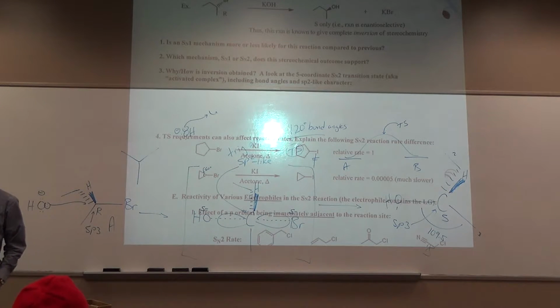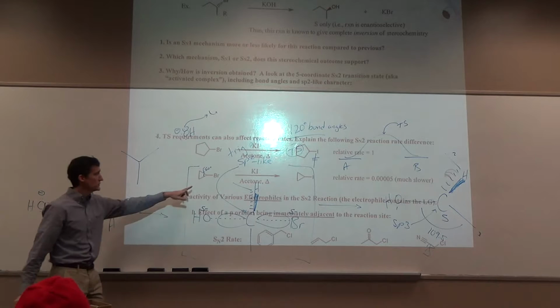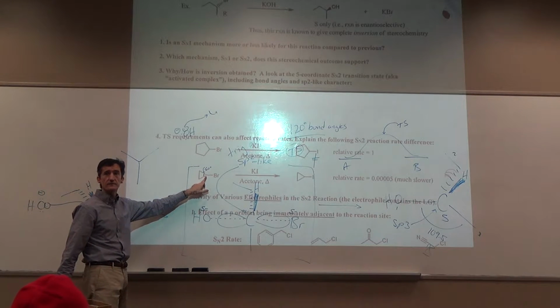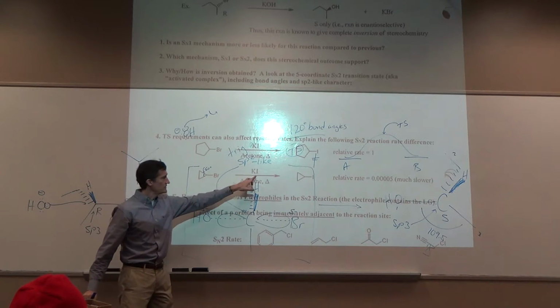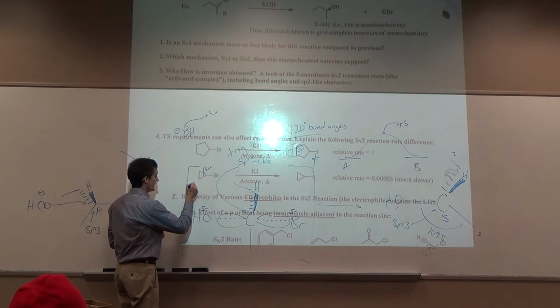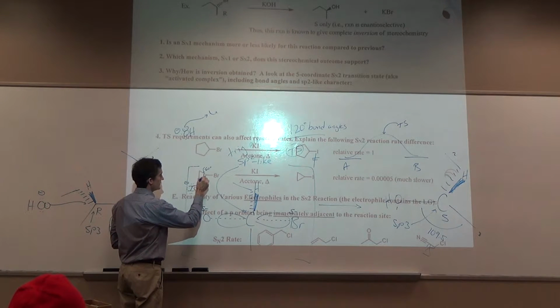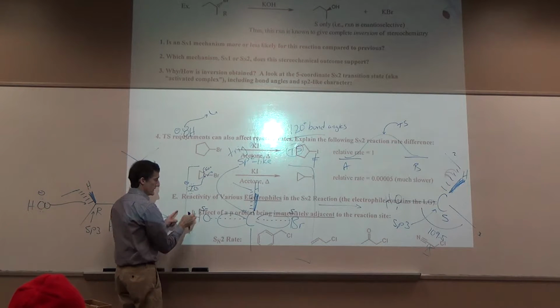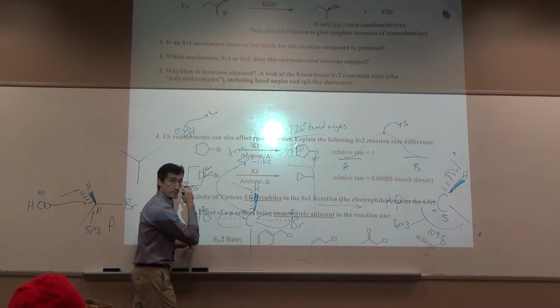Okay? Which is already strained, because it's a tetrahedral carbon, it'd rather be 109.5. Okay, this is SN2. That means the iodide is going to come in here and attack and kick off the bromine, but it goes through this transition state.